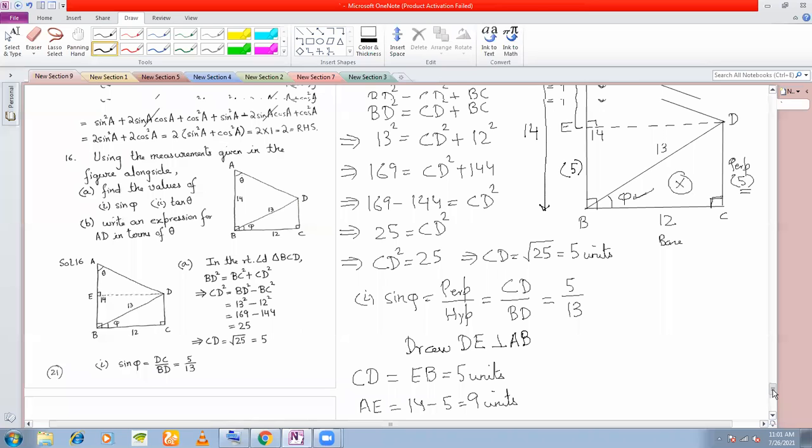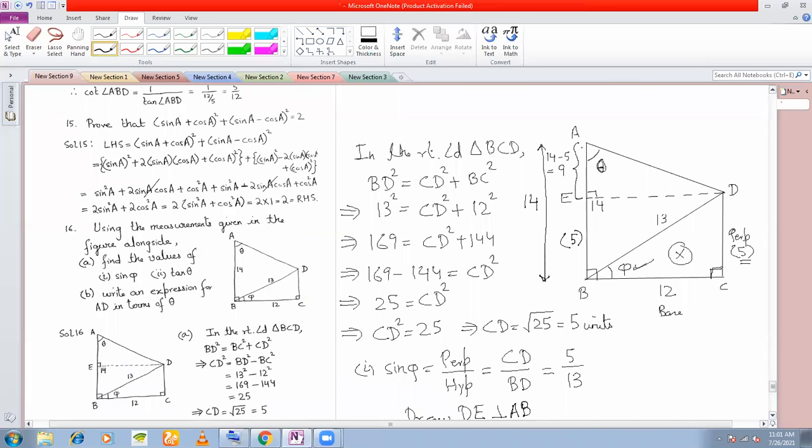So we have got now the lengths. What lengths have we got? We have got length AE, we have got the length EB and AED. This is a right angle triangle. So that means now in order to find out tan theta, we want to consider this right angle triangle here.